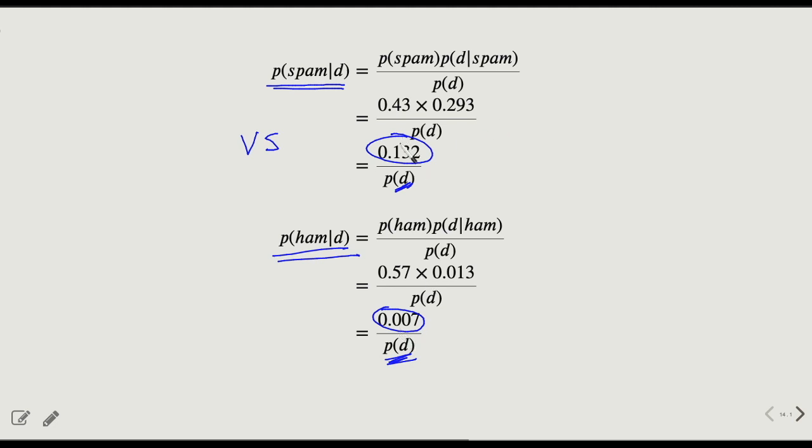We only need to compare which one is bigger, and obviously this 0.13 is bigger than the value here, so we are going to predict the email with the subject line, your price, to be more likely to be a spam. So we are going to predict this to be a spam according to this binary representation.